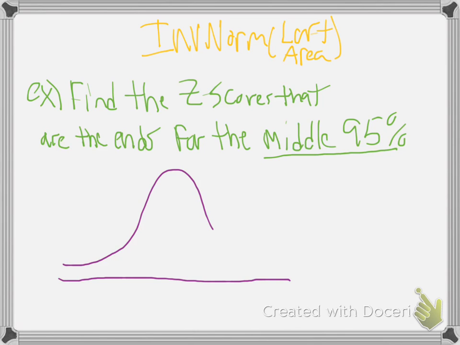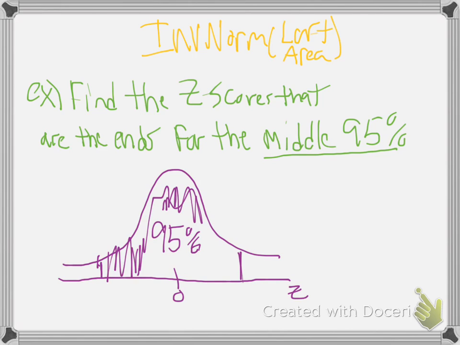Draw your bell curve. Remember, the mean of 0 goes in the middle. That's the z-score. Really, what we want is the symmetric z-scores on the left and right, such that 95% area is in the middle. Remember, 95% as a decimal is 0.9500. So the stuff in the middle is 0.9500.